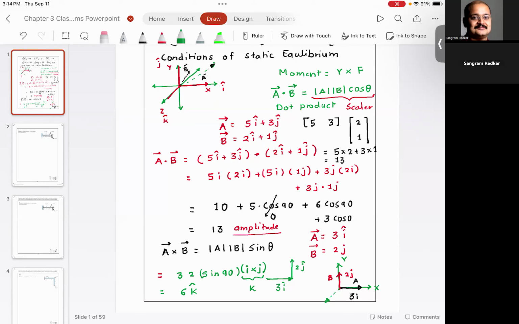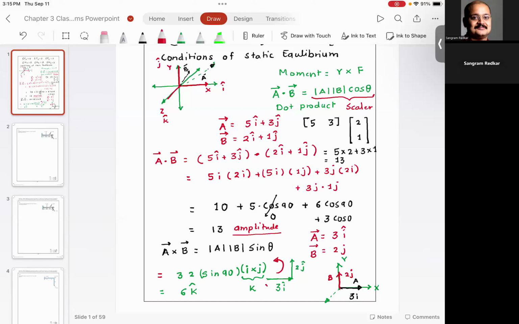But if you think about it, what this essentially is, you have a radius, you have a force. So this product is giving me a moment, and I want to find out the direction of this moment.